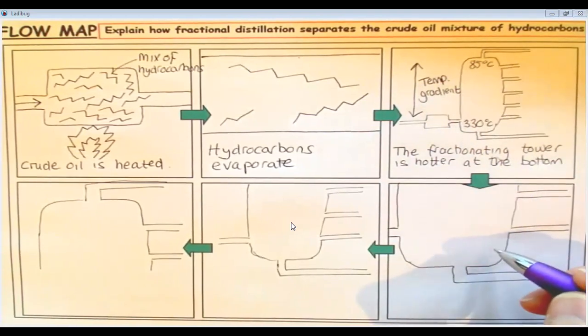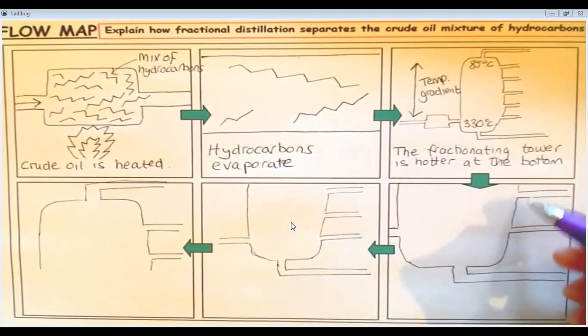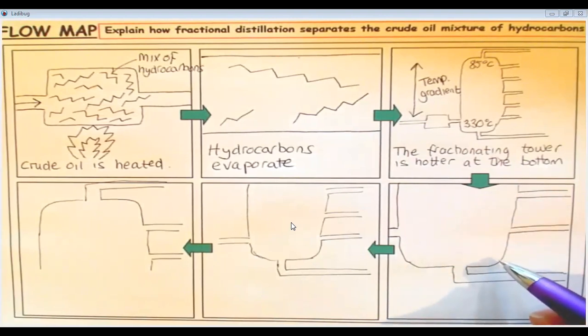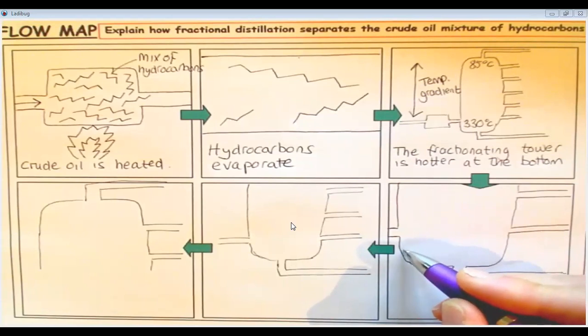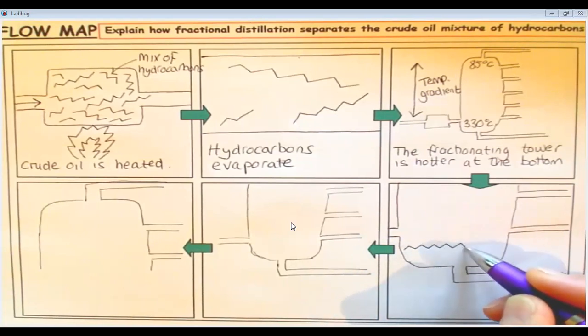Now the third picture, which is actually this one, follow the arrows, we're in the right hand corner, this is supposed to represent the bottom of the fractionating tower. So the very bottom of the fractionating tower, slightly magnified. And what we have is the largest hydrocarbons, which I'm going to draw here.